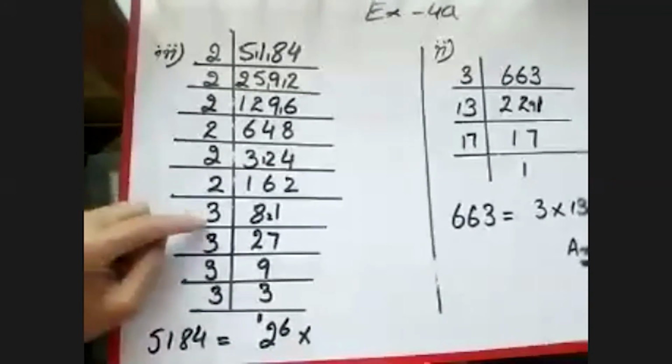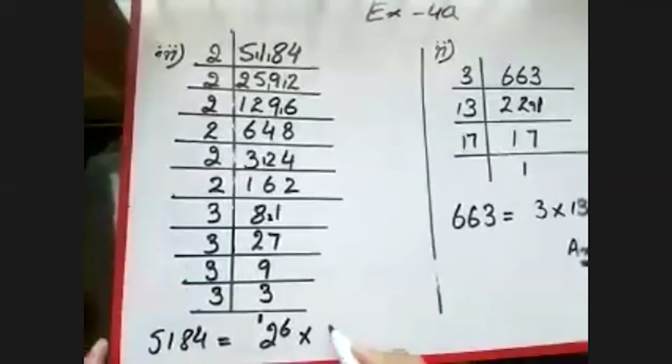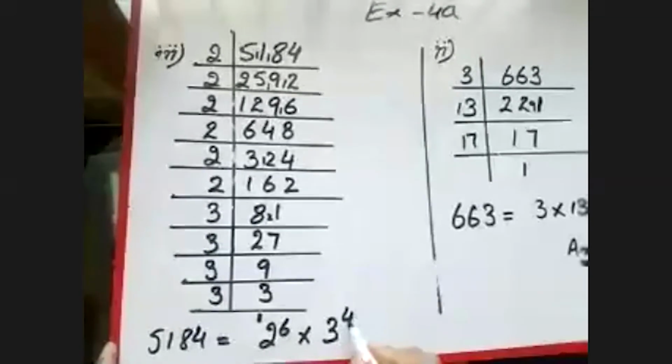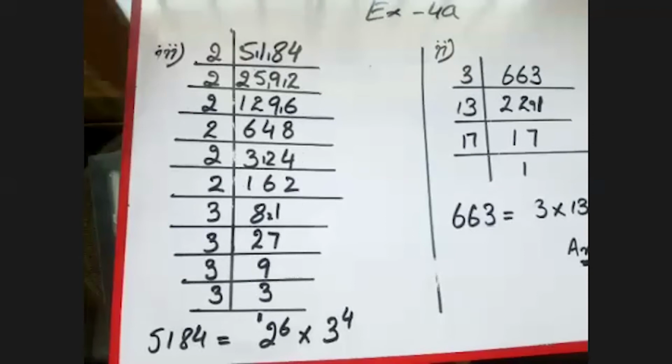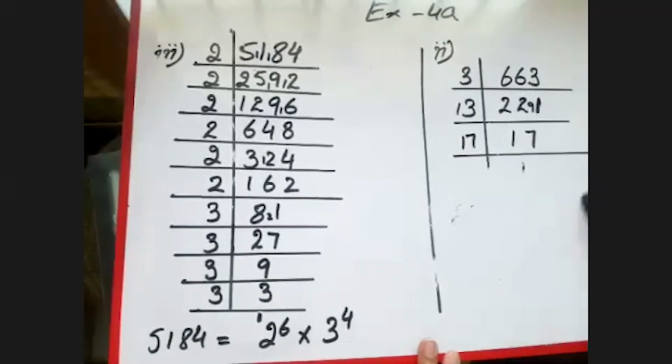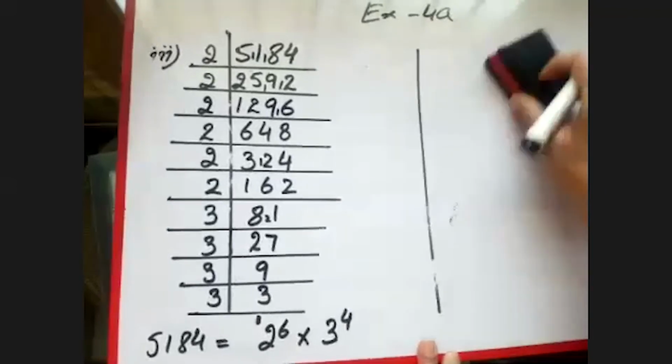Multiply by 1, 2, 3, 4: 3 raised to the power 4. These all are the prime factors of 5184. So you factorize the given number and get its prime factors. That was the fourth part of the question.